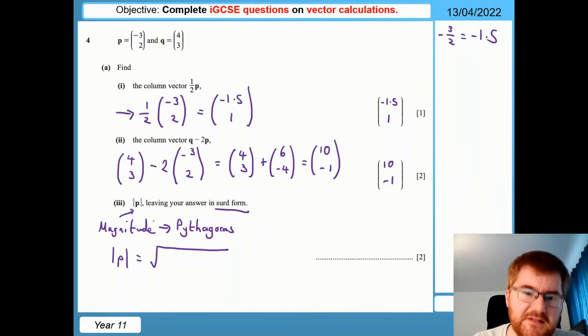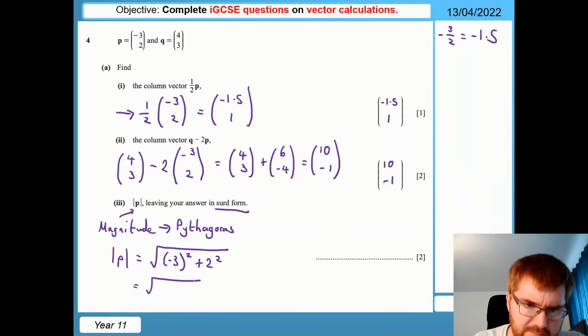When we put in the -3 here, we need to make sure the brackets are around the -3, because that's going to come out positive. So (-3) all squared plus 2 squared. This becomes then (-3) all squared is 9. 2 squared is equal to 4. And then we get our final answer, because this can't be simplified, as the square root of 13.